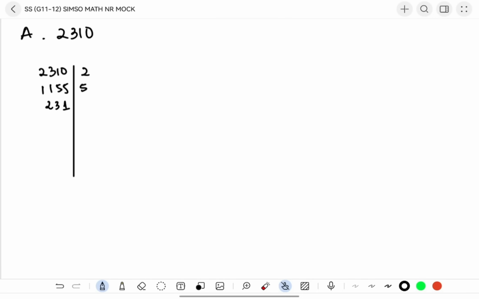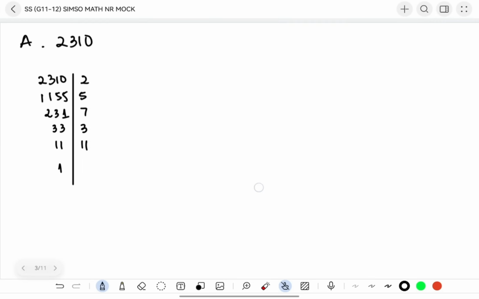Let's say 7. 231 divided by 7 is 33. You divide by 3 and get 11, then divide by 11 and you get 1.